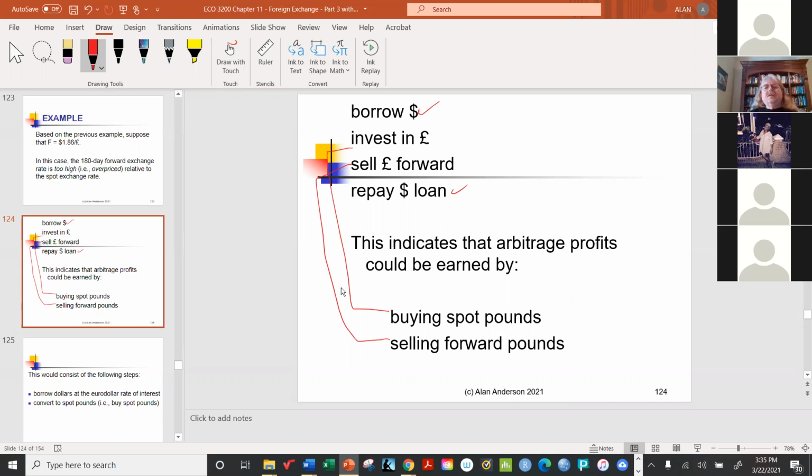But remember, what are we trying to do here? F is too high. It should be 185.23.